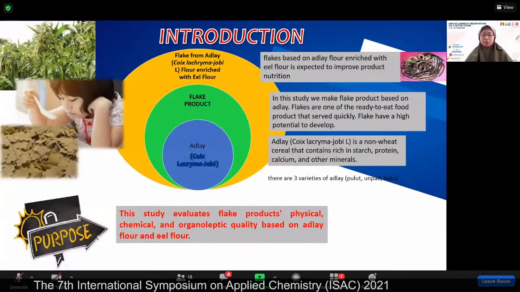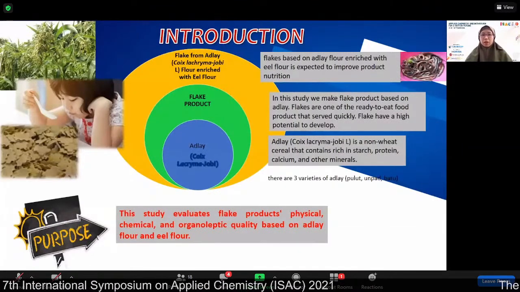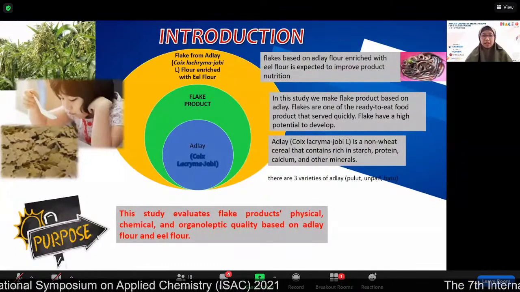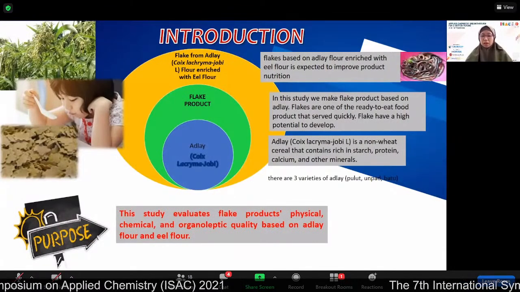Flakes have high potential to develop because they are one of the ready-to-eat food products that serve quickly. Flake based on adalah flour enriched with eel flour is expected to improve product nutrition. The aim of this study is to evaluate the flake products' physical, chemical, and organoleptic quality based on adalah flour and eel flour.